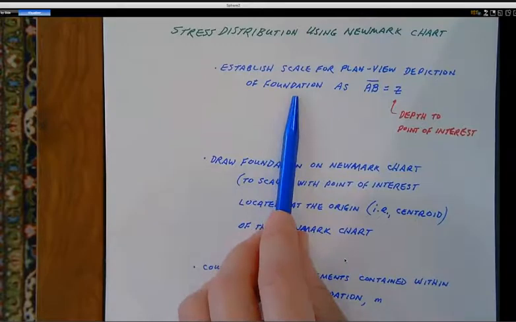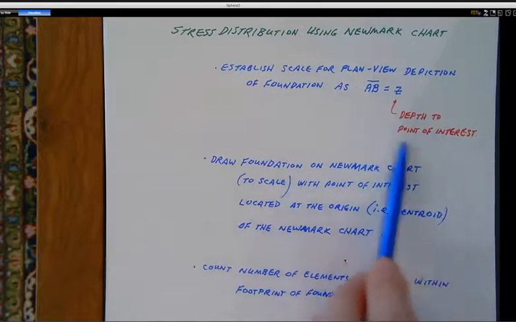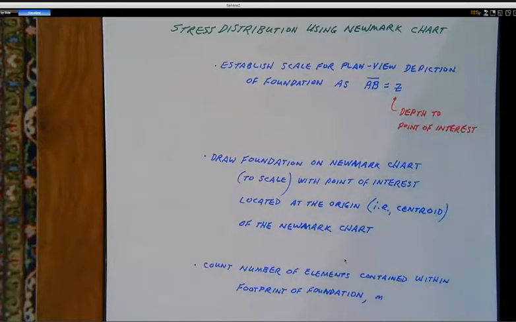And that scale is going to be AB is equal to the depth to the point of interest, the depth below the loaded area. In other words, usually depth below the ground surface, or depth below base of foundation if it's embedded, which a foundation usually would be. But these are set up with elastic theory, semi-infinite half space, all that business again.